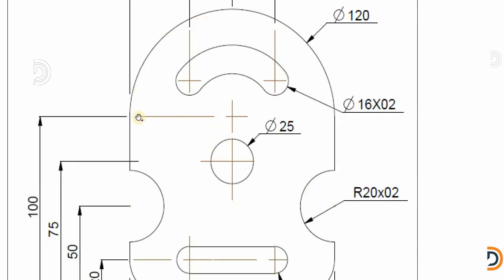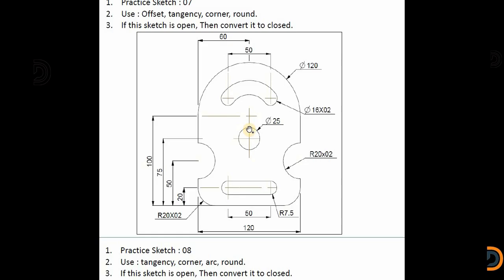Also this arc and line have a tangent and coincident relation. As we have seen the entities, dimensions and constraints, along with this I need to check whether it is a closed sketch or an open sketch. As in this sketch there is no intersection between entities, this is a closed sketch.